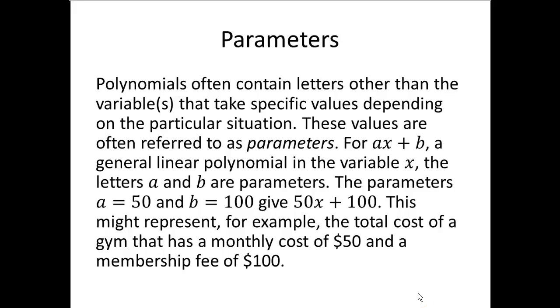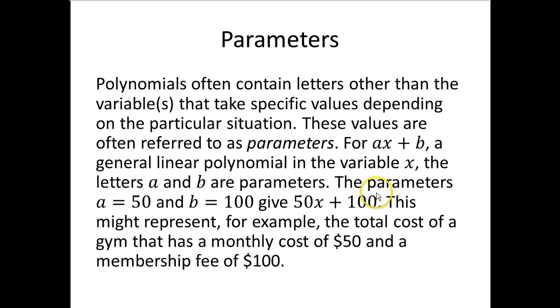Okay, so polynomials often contain letters other than the variables that can take specific values depending on the situation that we're dealing with. These values are often called parameters. Okay, so let's say that I have this expression here. My variable would be x, and a and b are called parameters.